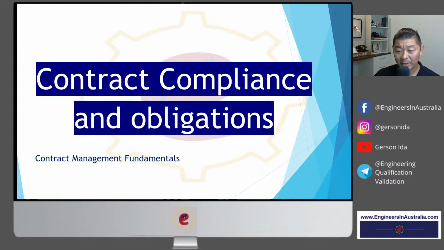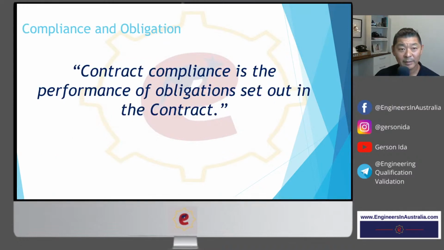And then the last bit is contract compliance and obligations. Contract compliance is the performance of obligations set out in the contract. Obviously, in your contract documentation, there will be, let's say as a contractor, your obligations, and there's usually a big list of obligations.